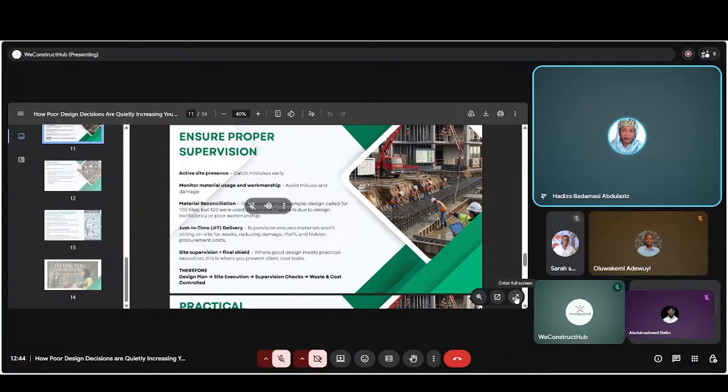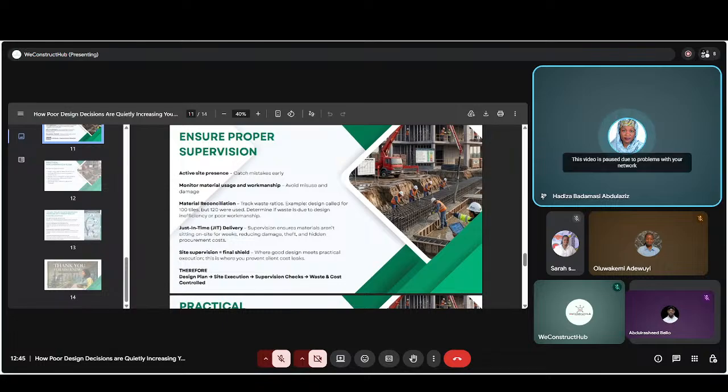So keep a close eye on monitoring material use and workmanship. Make sure you keep a close eye on how material is used on site. That is very important. Material mishandling and poor workmanship lead to waste and extra costs. Supervision ensures work is done right the first time.